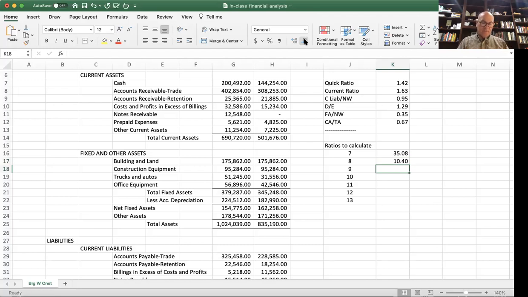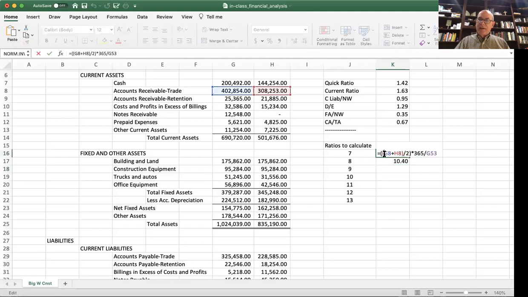Okay, the collection period with retention, as I said, is just like without. I'm going to give you the number, but I'm not going to calculate it here. But instead of this G8 here, instead of just the 402, it's going to be the 402 plus 420 plus 25.